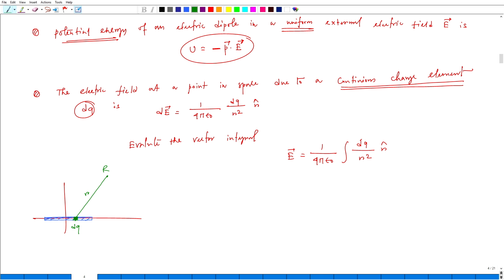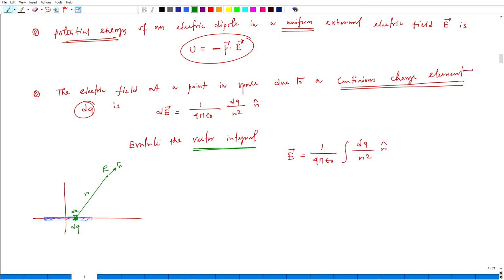In the limit that dq tends to 0, that is, the length dx tends to 0, we use a continuous variable and integrate. So in this case we must evaluate the vector integral for a continuous charge distribution. It can be any of the three distributions: line, surface or volume charge density, and r cap changes in direction for different elements.